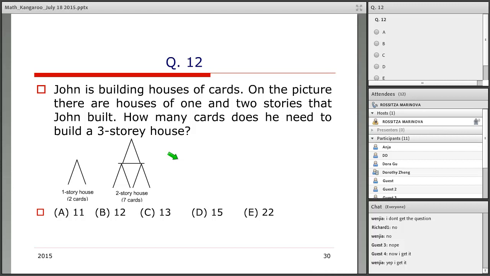Count the number of cards in this 2-story. Try to draw the figure for the 3rd story, and it's going to be super easy for you once you draw it.